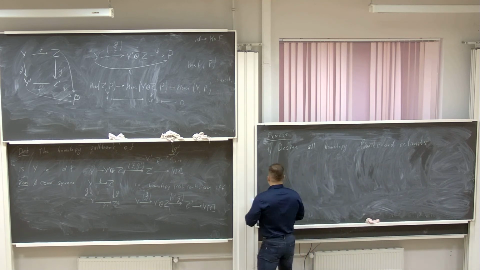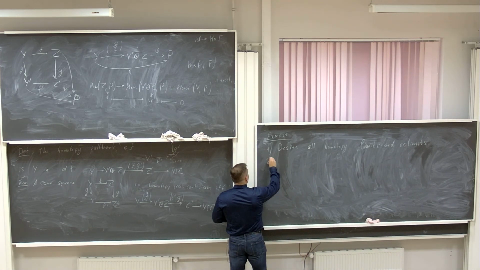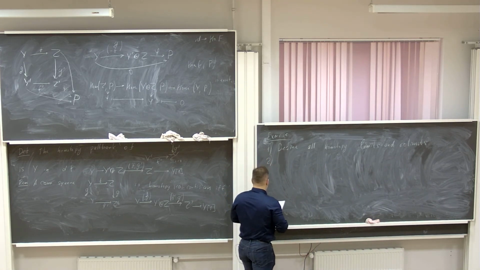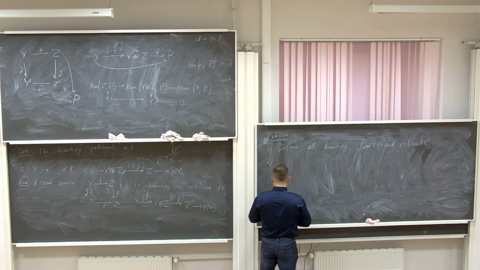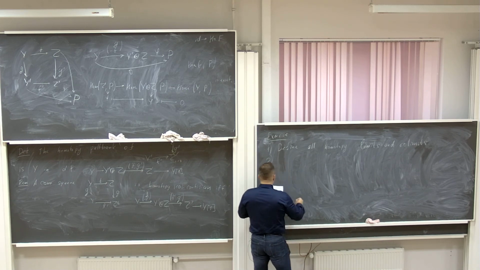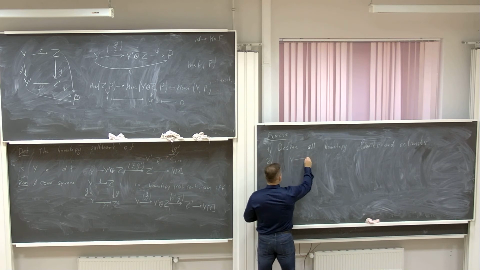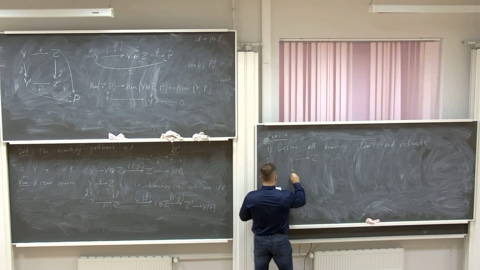And the second exercise is more important. Actually, we're going to need this later, so I suggest you try to solve this. Suppose we have a Cartesian square as before.